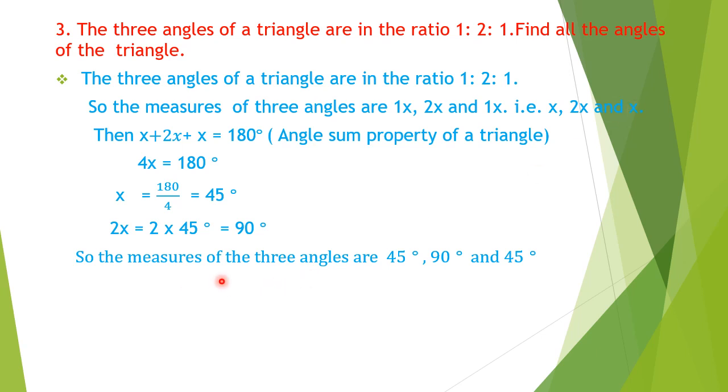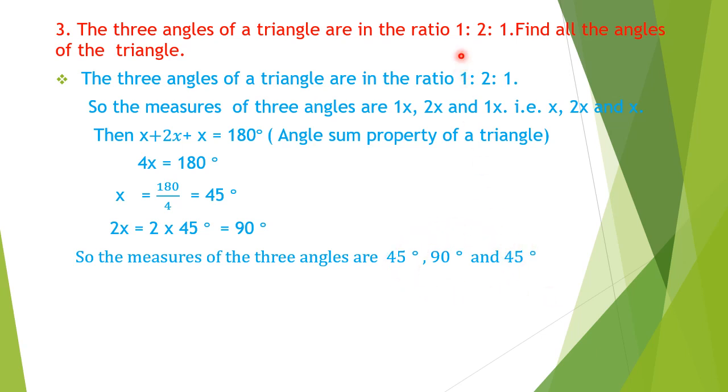So the measures of the three angles of the triangle are 45 degrees, 90 degrees, 45 degrees. 1x means 45 degrees, 2x means 90 degrees, and 1x means 45 degrees. And 45 degrees plus 90 degrees plus 45 degrees, adding, you will get 180 degrees.